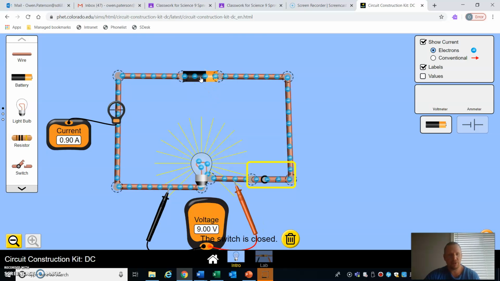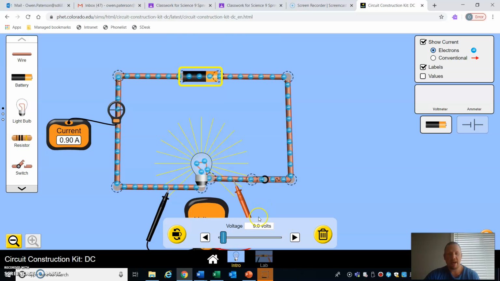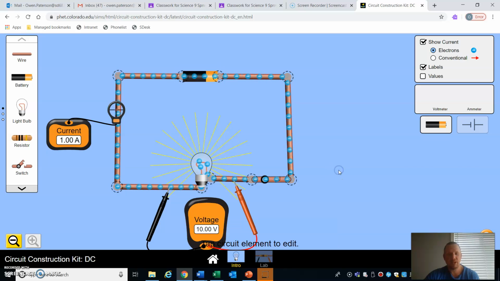The voltage on the battery is also 9 volts. If we increase the voltage, now there's 10 volts going through the light bulb and the current goes up too. I'm going to explain why that happens next.